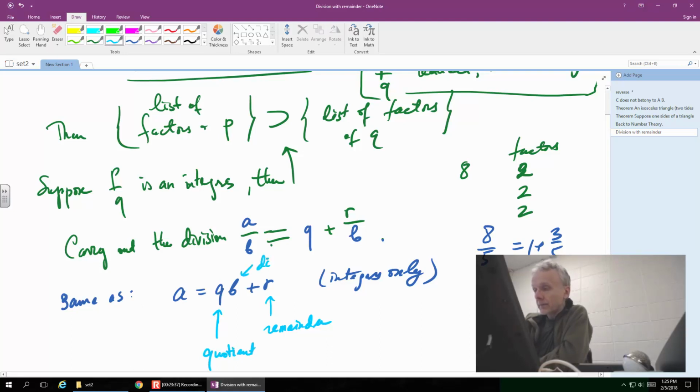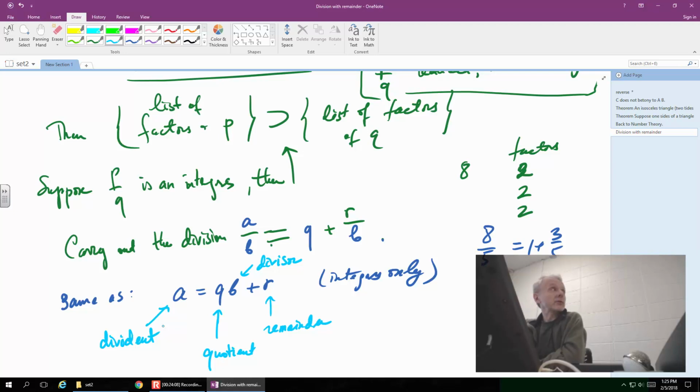B is the divisor. And A is, no, the dividend. You don't really have to remember all of them. I keep forgetting these words, but the remainder certainly is what we care about. Division might be carried out completely, so it's pretty much the issue of factoring or reduction, the same thing.